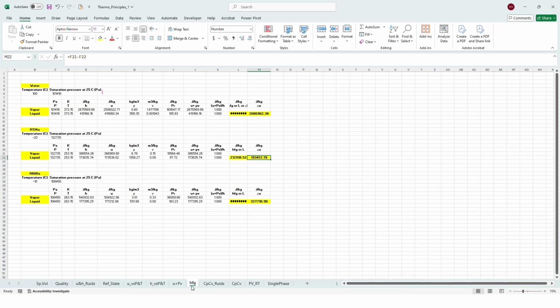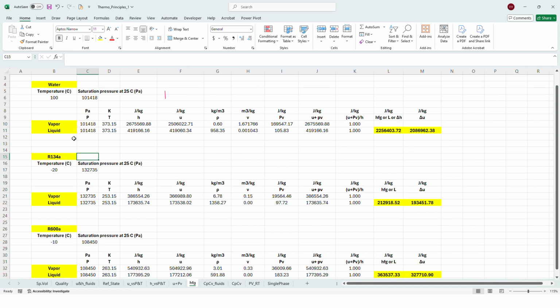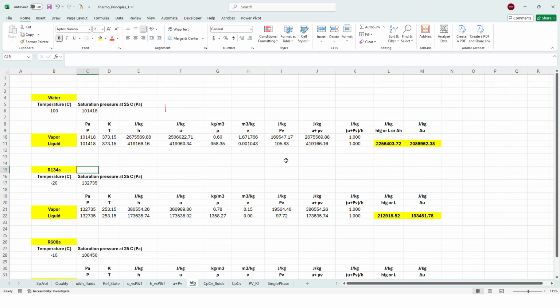The next thing to look at is phase change. So in this slide, you can see how to calculate the phase change using PropsSI. You can calculate the enthalpy of vapor phase and enthalpy of liquid phase by choosing Q equal to 1 or 0, and that difference is basically the latent heat.